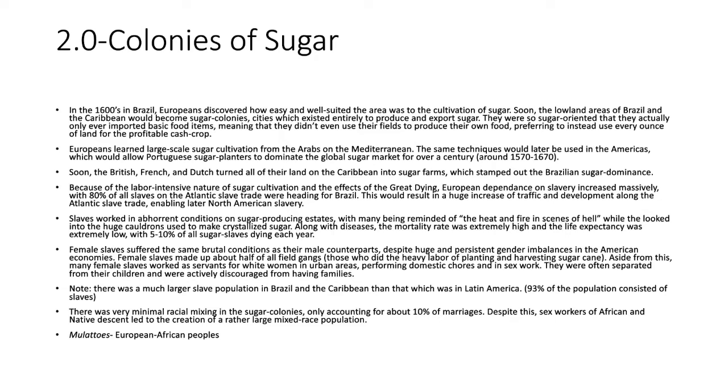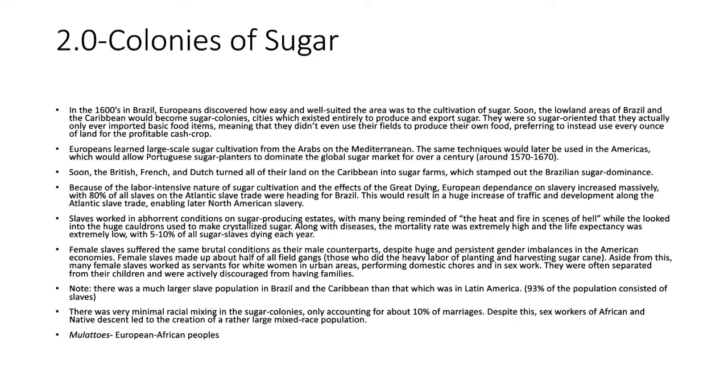But Europeans discovered that the lowland areas of Brazil, and the Caribbean later on, are very, very well suited to the production of sugar. Does anybody know there's a very specific term used to describe plants like sugar?